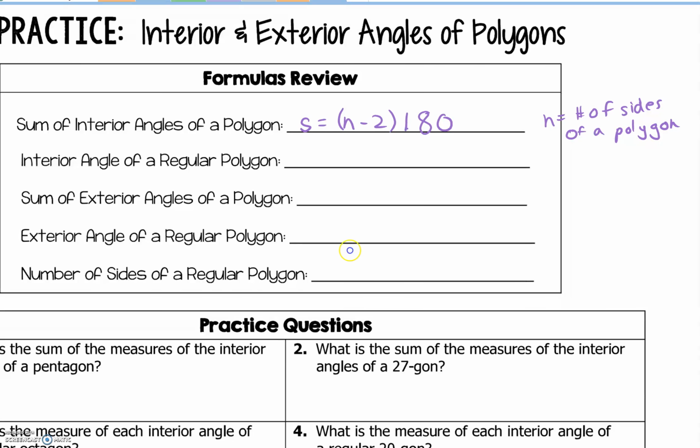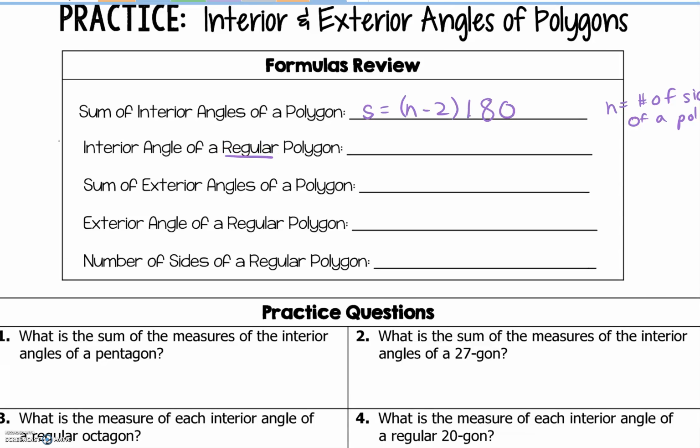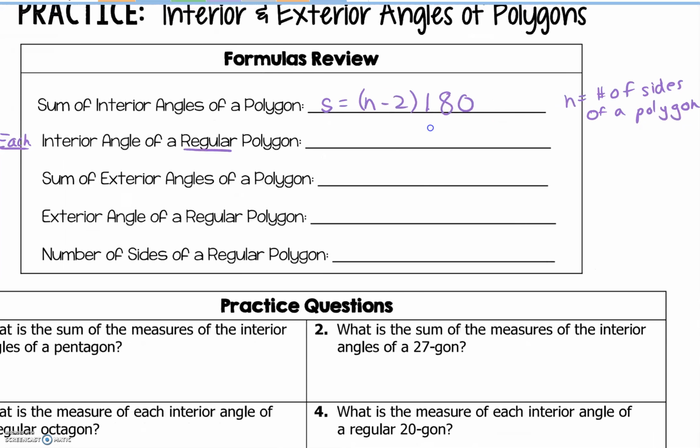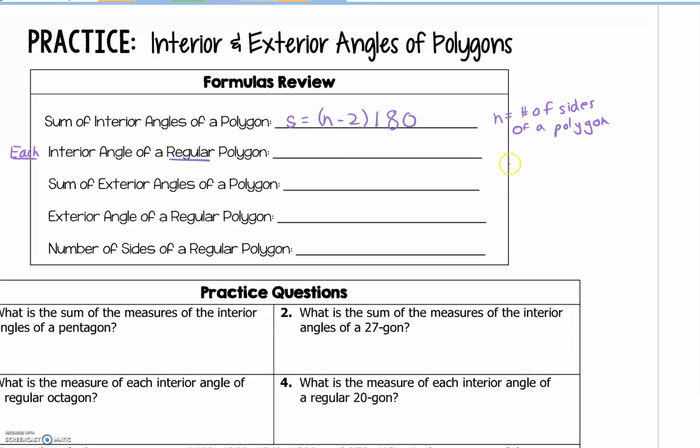Next, the interior angle of a regular polygon, so that is each interior angle, not the sum. To answer that, you'd have to ask yourself, what is a regular polygon? A regular polygon is a polygon which is equilateral and equiangular. What does that mean?